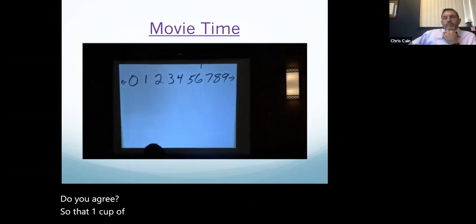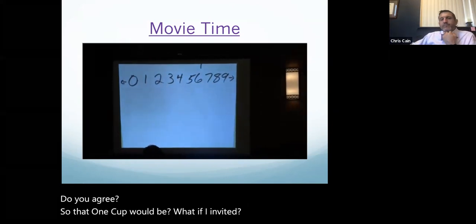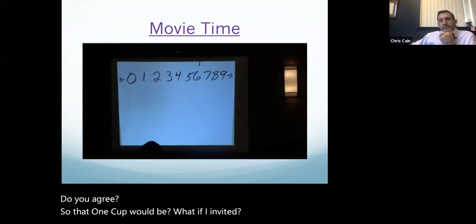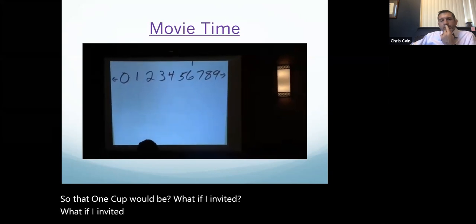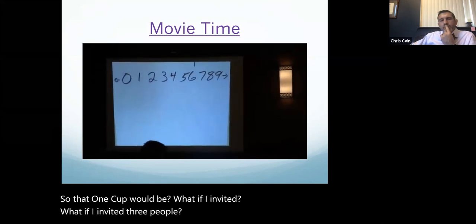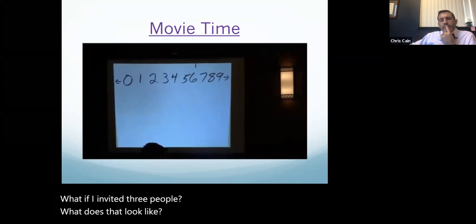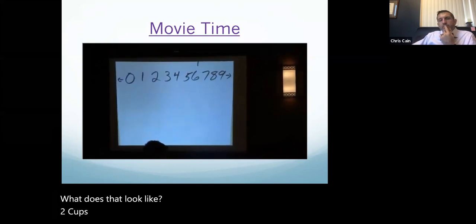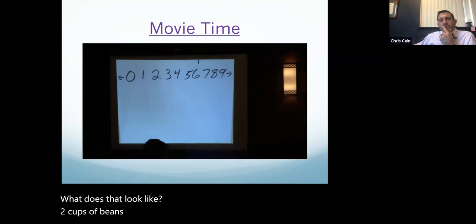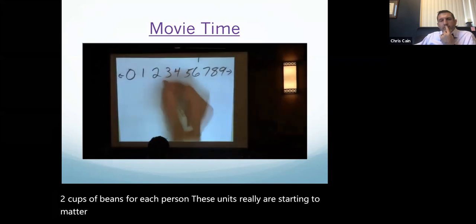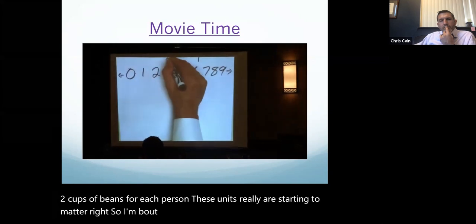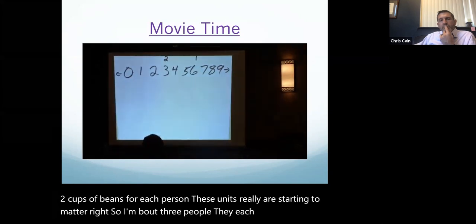What if I invited 3 people? What does that look like? 2 cups of beans for each person. Right? These units really are starting to matter. So with 3 people, they each get 2 cups of beans per person.